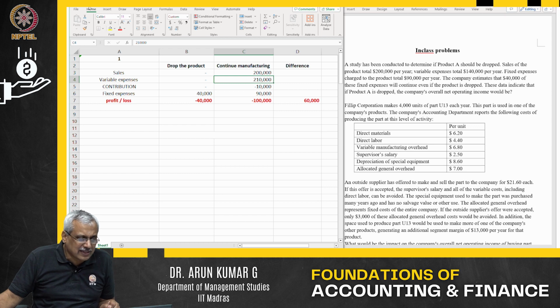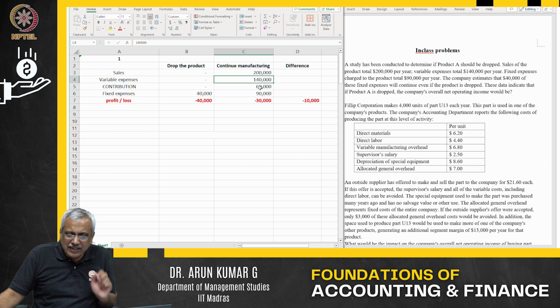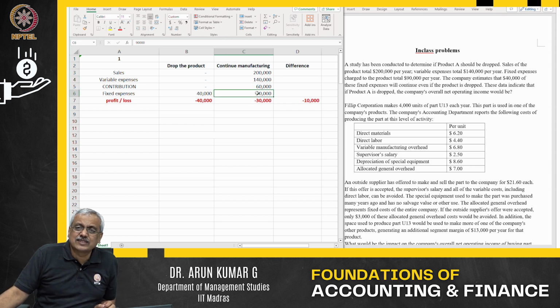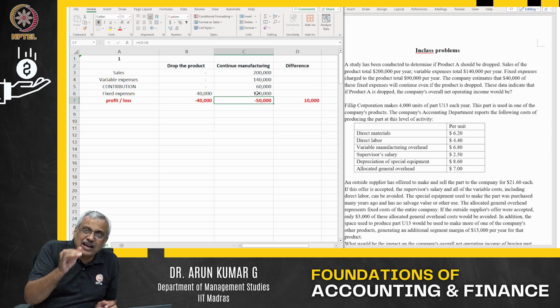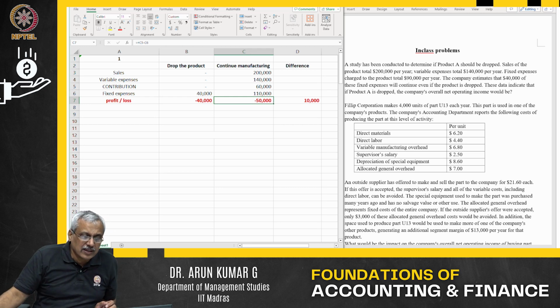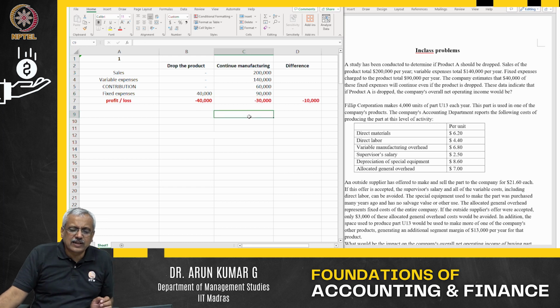In this particular case, the variable cost was only 1,40,000. You saw that it's going to be giving me 60,000. Suppose I say this fixed cost expenditure, if I manufacture the product, is 1,10,000 out there. Then what happens? I would be better off by dropping the product because my loss would have reduced by 40,000 out there. So you will always see this particular option in this particular case out there.